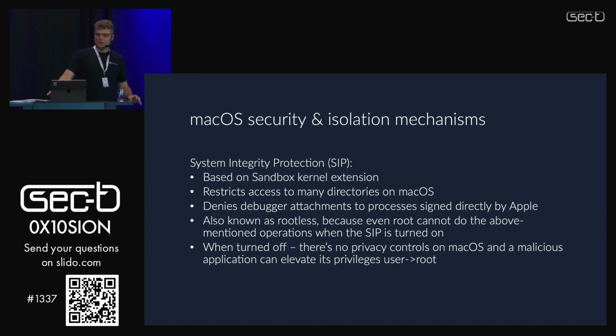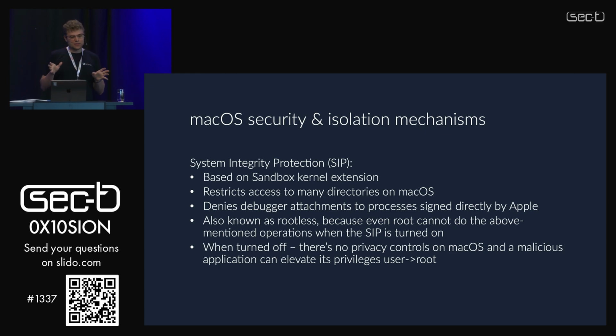So let's now talk about System Integrity Protection, the great hallucination sandbox. It must be enforced on a very low level, because we want even system applications to be in the global sandbox. So it's enforced on the kernel level, and it's based on the sandbox kernel extension. It will restrict access to many directories on macOS.